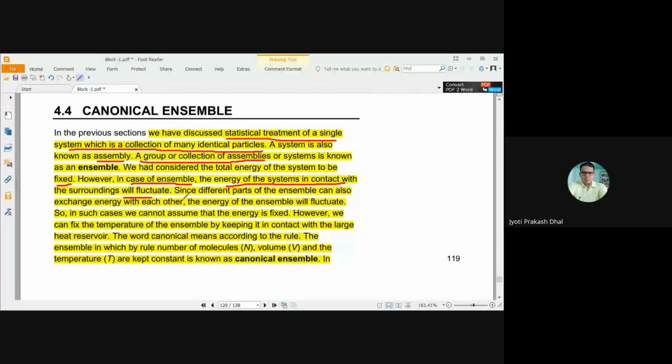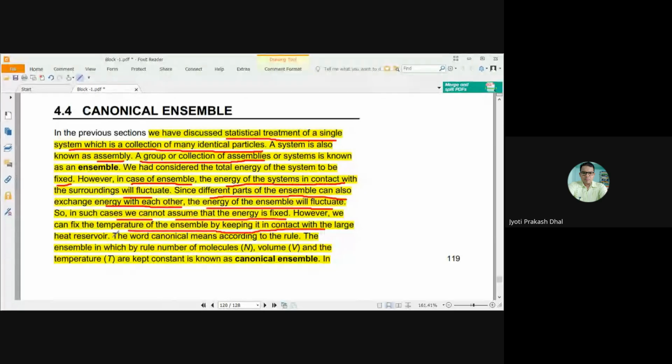Since different parts of the ensemble can also exchange energy with each other, we cannot assume that the energy is fixed. However, we can fix the temperature of the ensemble by keeping it in contact with a large heat reservoir.